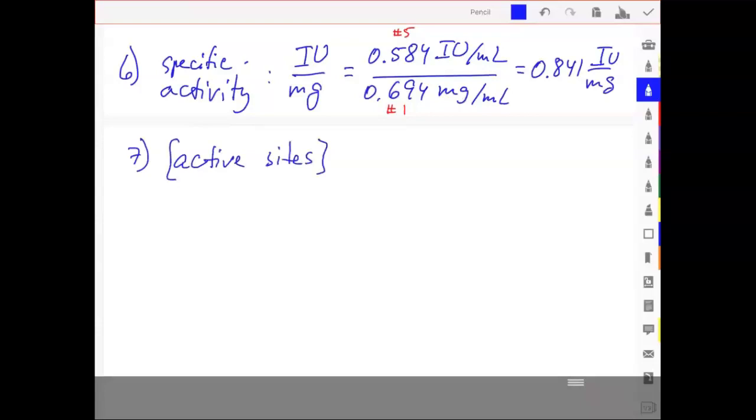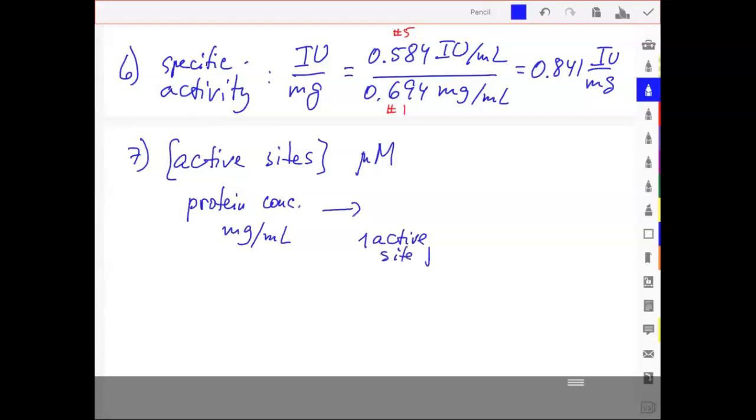concentration in our undiluted enzyme solution, and we want this in micromolar. Right, so what we have is protein concentration in mg per ml, and we want to convert it into active site concentration. So we're going to assume that there is 1 active site per subunit.